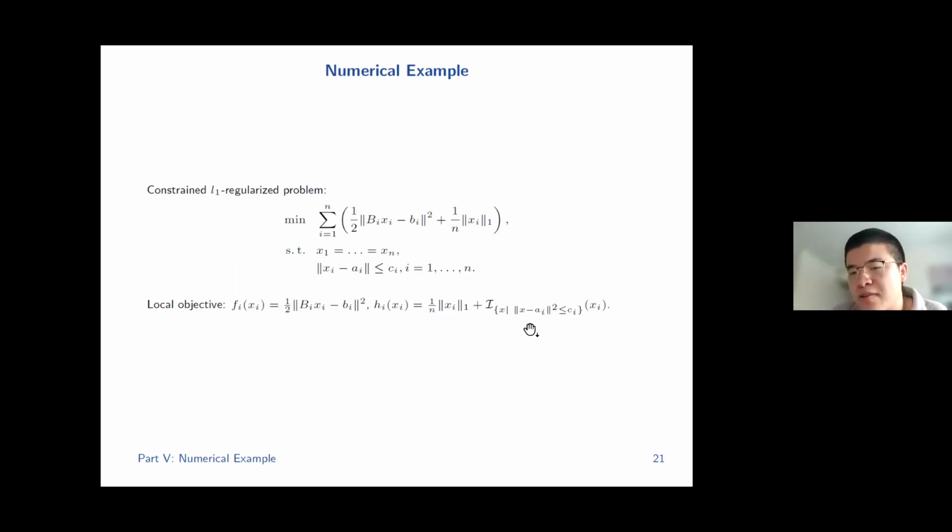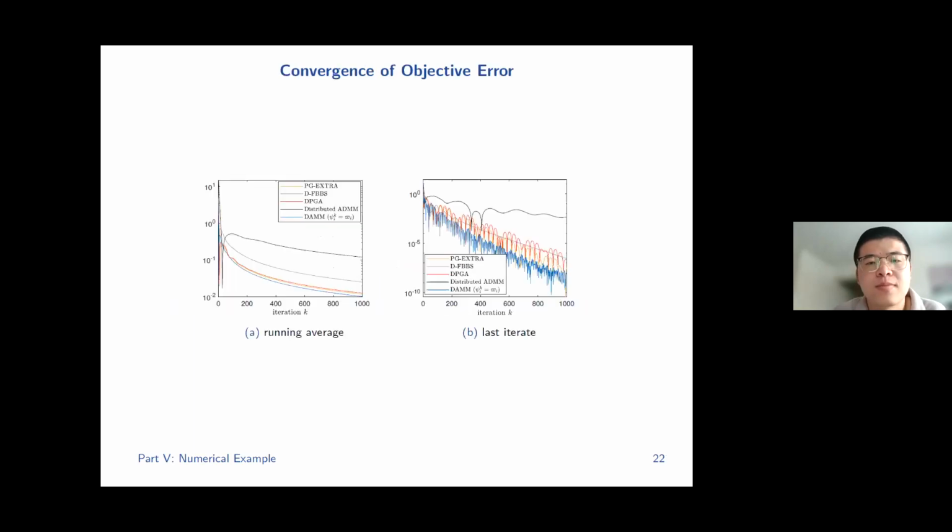This indicator function describes the local constraints. This is the result for objective error. We compare four existing algorithms, including PG-EXTRA, DFBBS, DPT, and the distributed ADMM, with the specialization of our algorithm, which is referred to as DAMM.